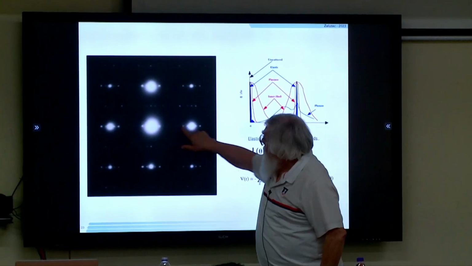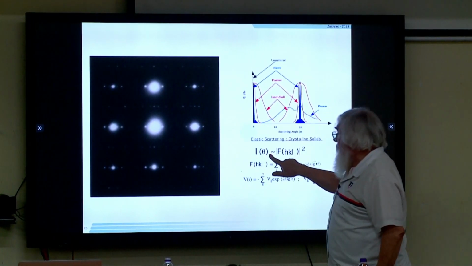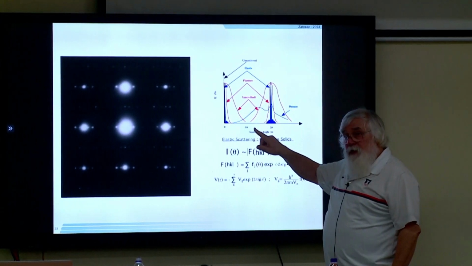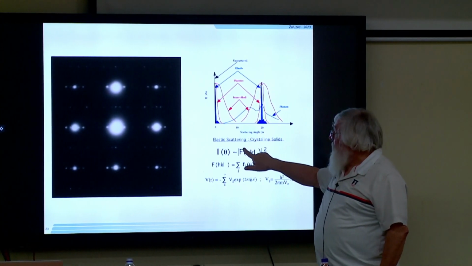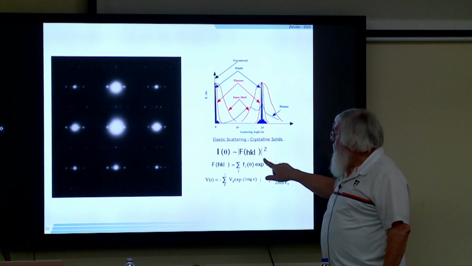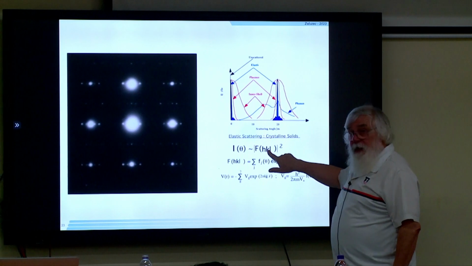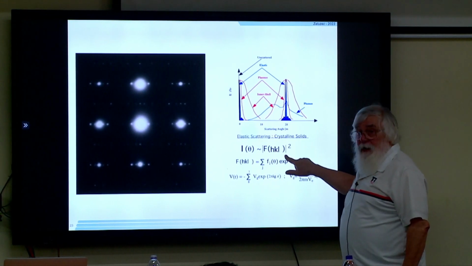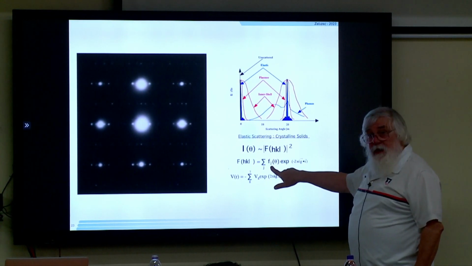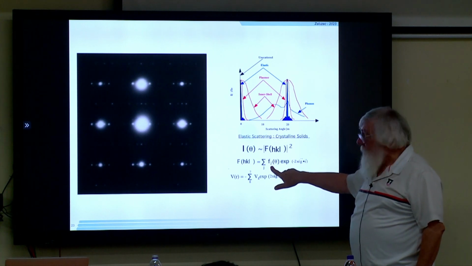Okay. The major reflections occur at characteristic scattering angles. The intensity of the major reflections now is determined, remember the equation I showed you before, it was little f times theta. Now that intensity is proportional to big F times theta. What's big F? This is really now what I call the structure factor. There's the atomic scattering factor that we had before.